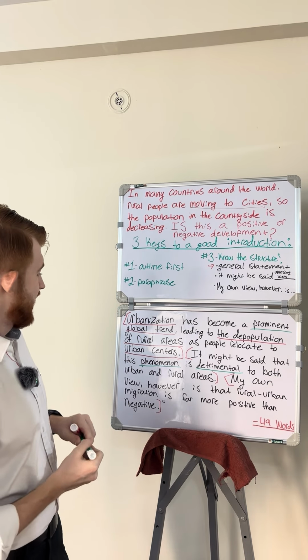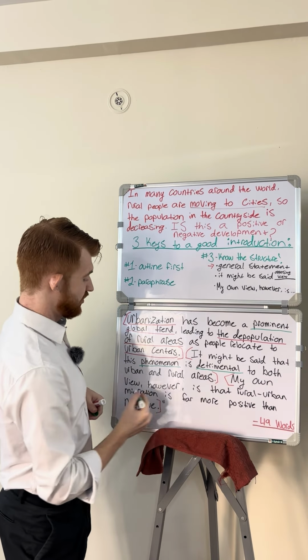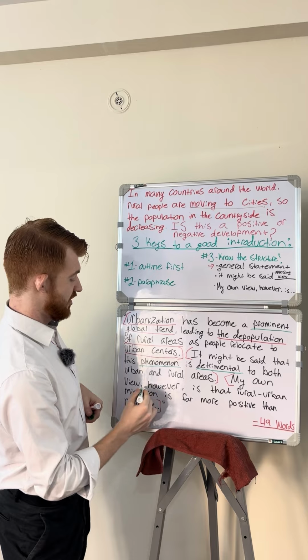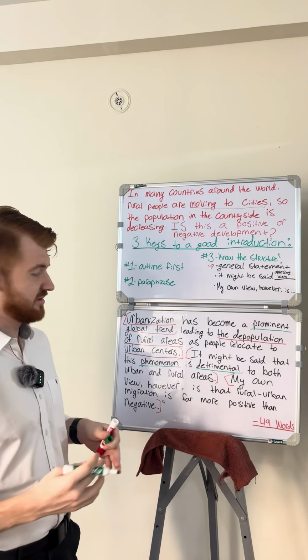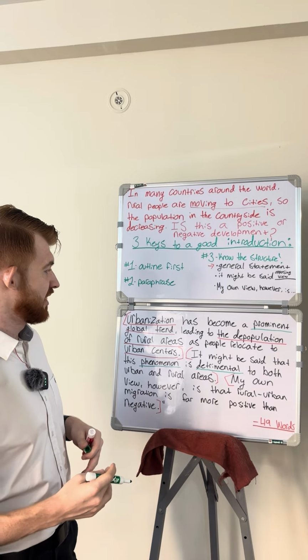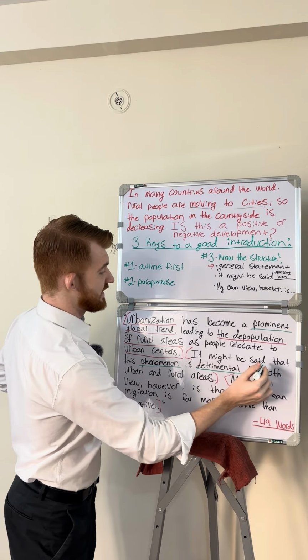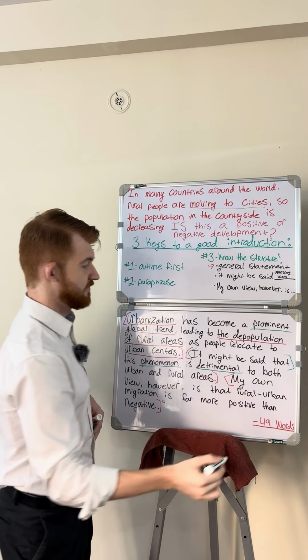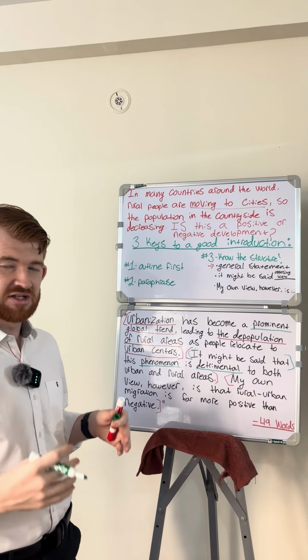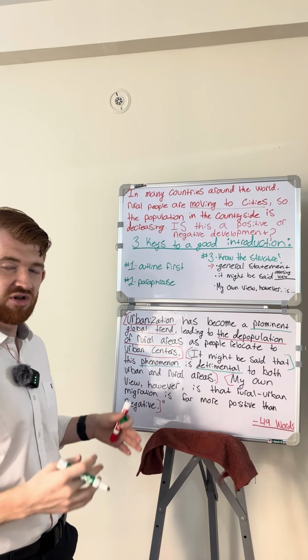So, my own view, however, we add "however" in the middle there. We use a nice little conjunction right in the middle. It might be said that. This is a nice way to start off your sentence. It's a nice clause.